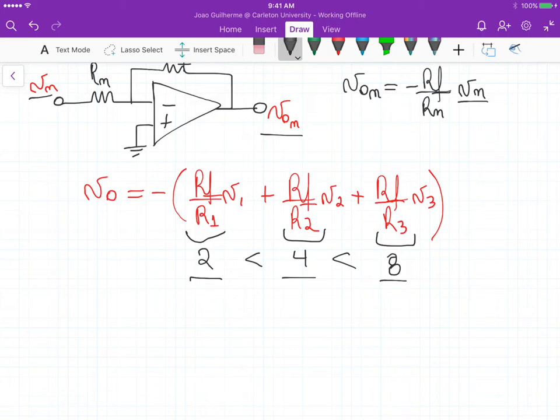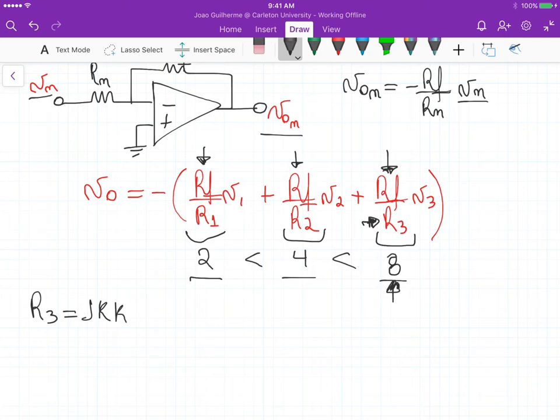So if RF is constant in each one of these ratios, we should pick R3 to be the smallest possible resistance, because if we divide RF by the smallest possible resistance, we get the highest ratio, right? So since the minimum value for R is 1k ohm, let's pick R3 equal to 1k ohm.